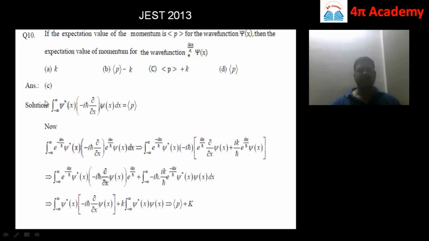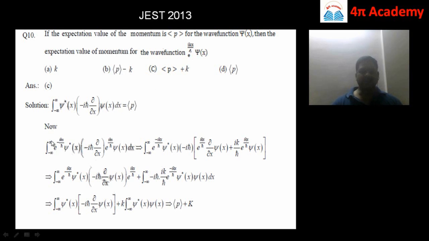So this is the formula for expectation value if the wave function is a normalized wave function. Now let us substitute our wave function, which is e raised to power ikx upon h cross into psi of x.